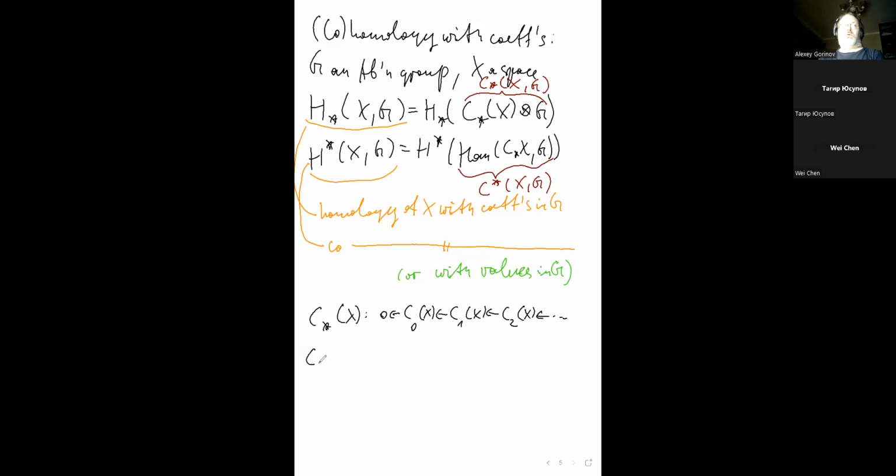Now C lower star of X comma G is 0, C naught tensor G, C1 tensor G, and so on.